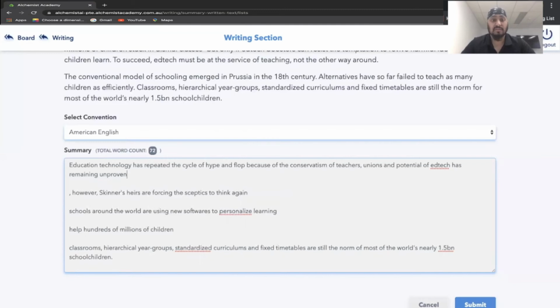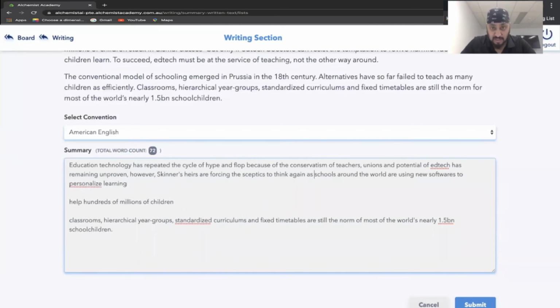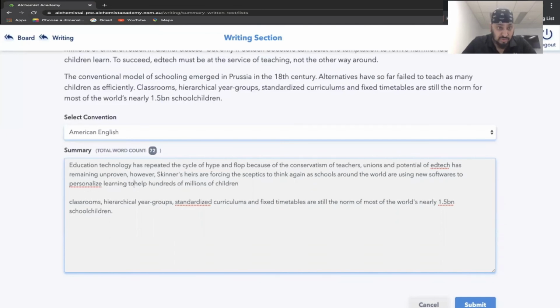So as you can see, I converted it into two small segments, and then we can, oh, we already have the conjunction. Skinner's errors are forcing the skeptics to think again, as schools around the world are using new software to personalize learning to help hundreds of millions of children.